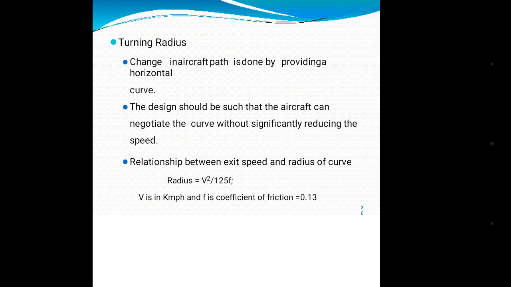The relationship between the exit speed and the radius of curve is given by R equals V square divided by 125 F, where V is in kmph and F is the coefficient of friction, which is taken as 0.13. So this is the relationship between the speed and the radius of curve.